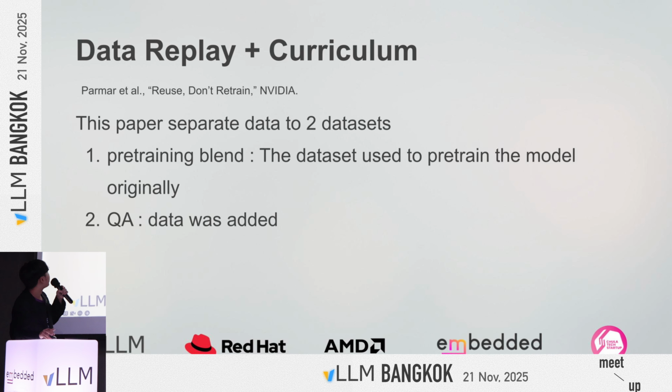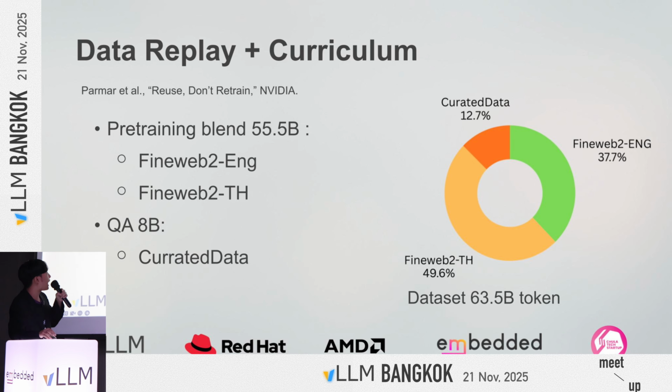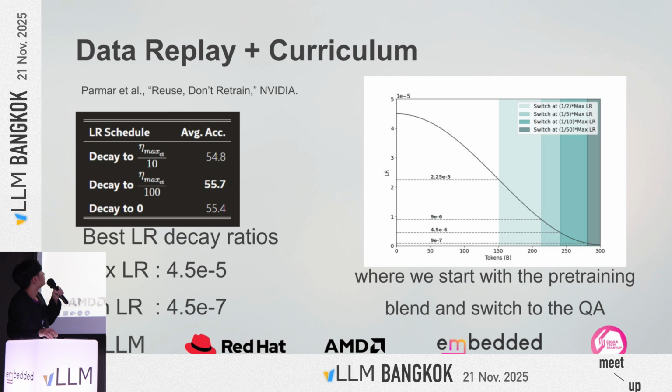So I looked at some papers, one called Reuse, Don't Retrain from NVIDIA. This paper separates the data into two sorts. The first one is the pre-train blend, the dataset originally used to pre-train the model, and the second is the QA blend, the data I want to add to it. So the pre-train blend has 55 billion tokens of FineWeb English and FineWeb Thai, but in the QA blend we have curated data of about 8 billion tokens.